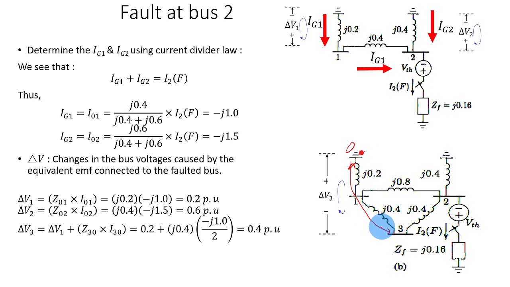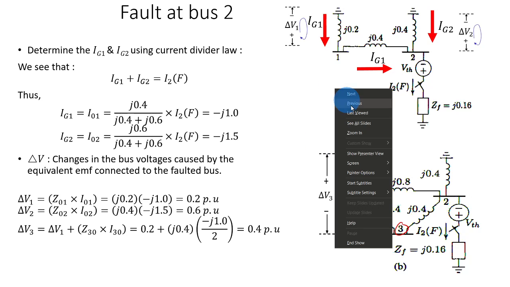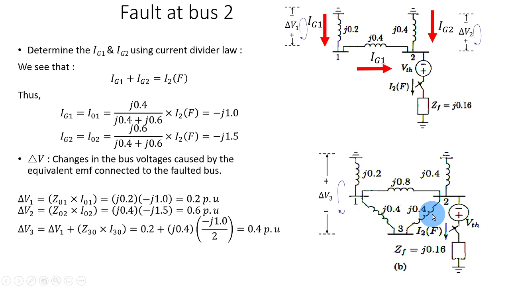What is the voltage drop from the ground point to bus number 3? The change of voltage at bus number 3 will cover two impedances.